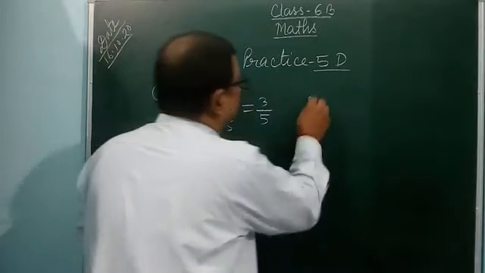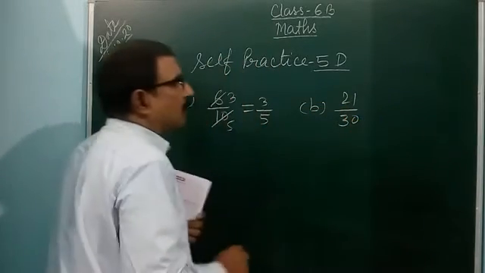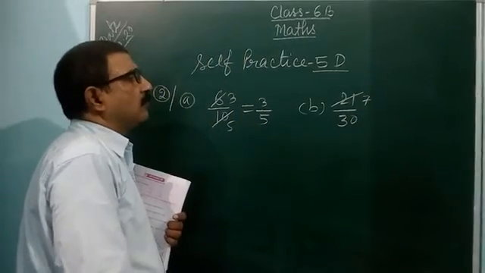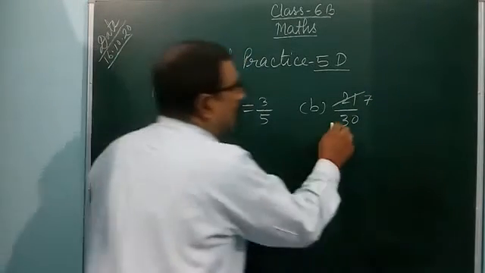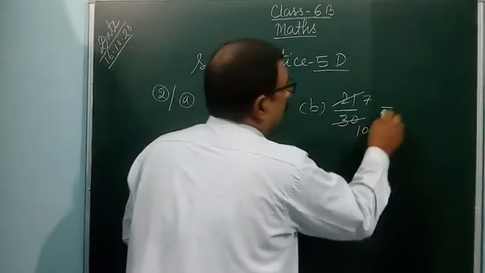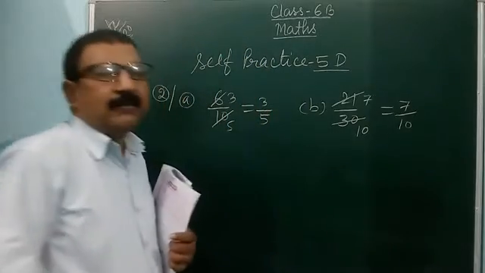Question number B, 21 by 30. You can see 3 7s are 21, and 3 10s are 30. So 7 by 10. You can see 7 is a prime number, 10 is an even number.